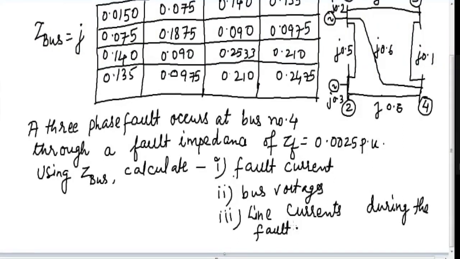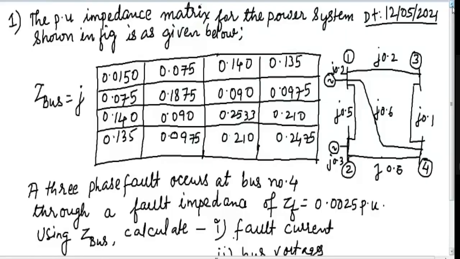So this is the question which is given to us. Please write the question first so that we can start with our solution. This is the question. The per unit impedance matrix for the power system shown in figure is as given below. So they have given us the ZBus. Obviously the numbering of this ZBus would be in this way.